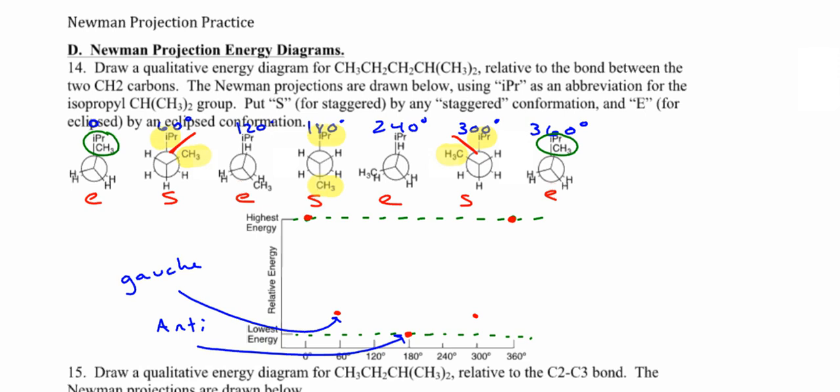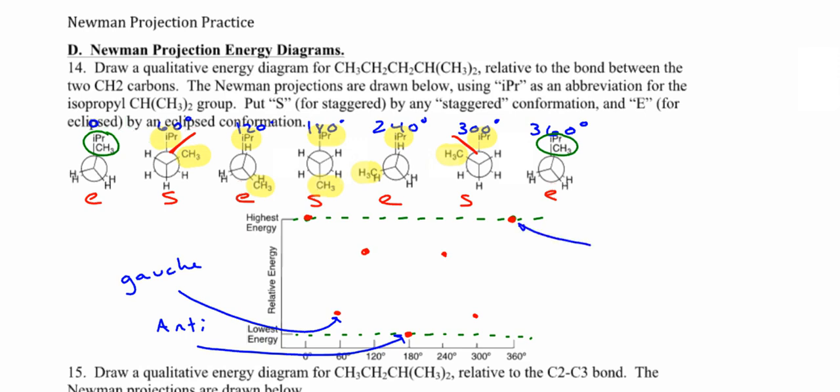We have two left to place. If we look at the 120 and the 240, those are both eclipses, but notice that they are eclipses where we are not covering each other up. Would it be all the way up here, or would it be lower? It doesn't have as much strain because it's not a total eclipse. So we're going to bring it down a little bit, and make those even, since they have the same.